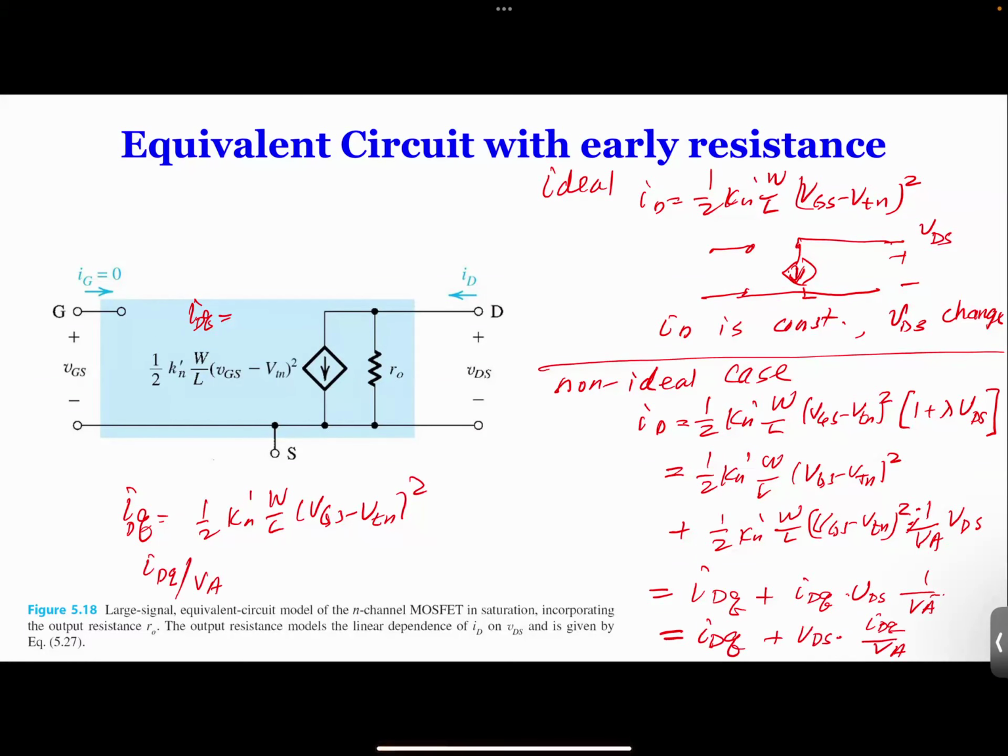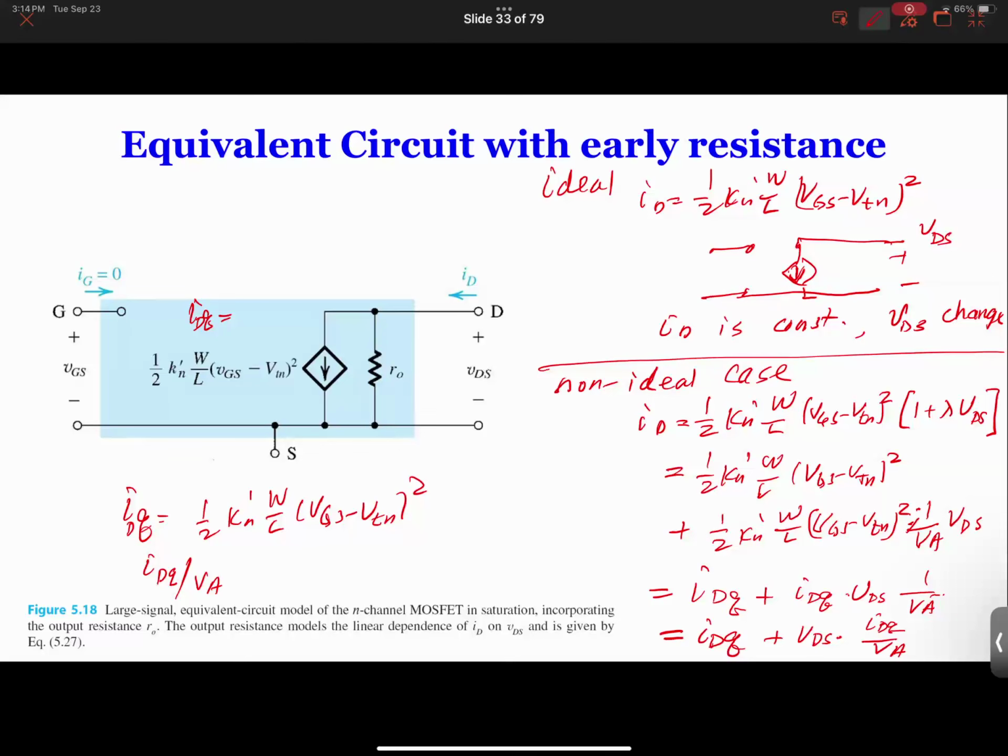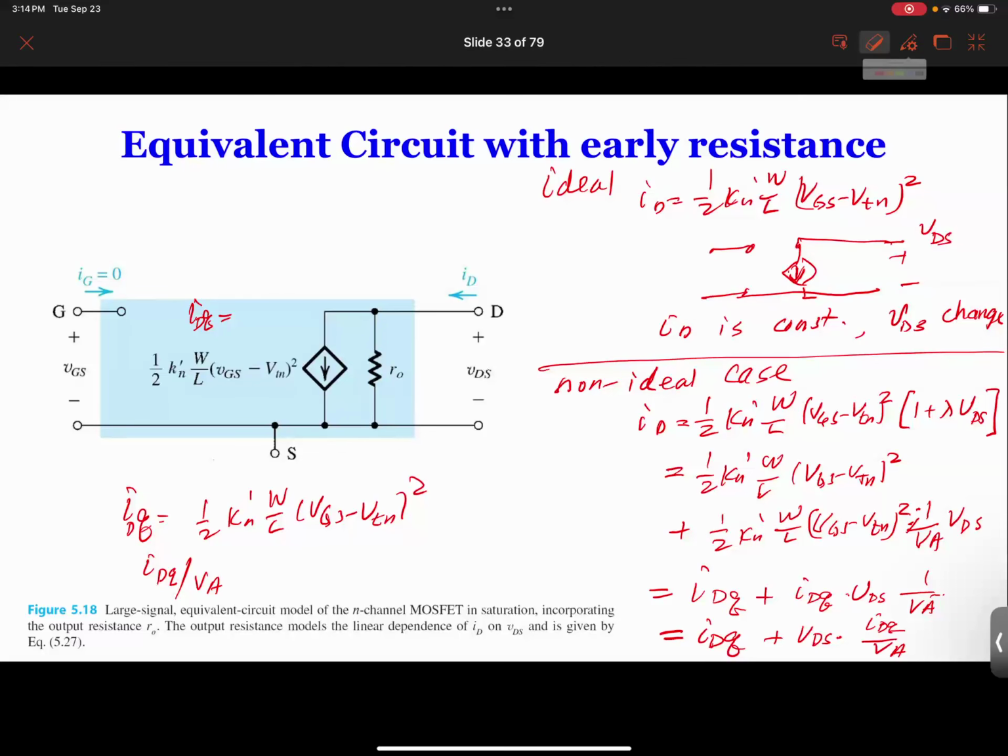What would IDQ over VA be? Or in other words, if we let something like VA over IDQ, which apparently is a resistance, we give it the name RO. We call this the early resistance.